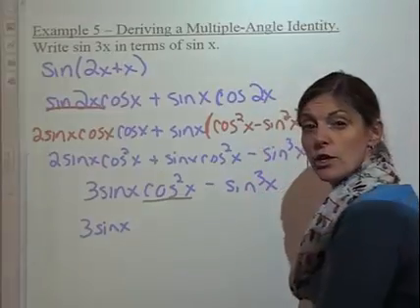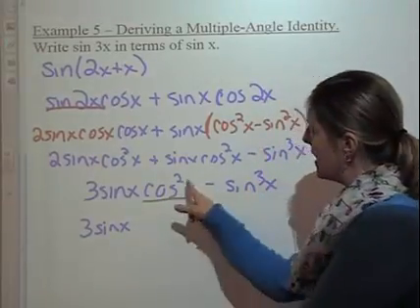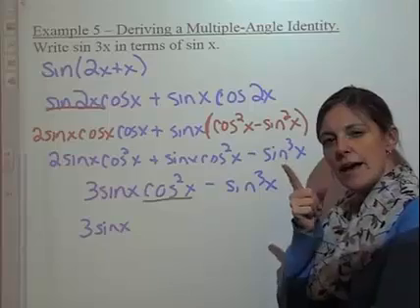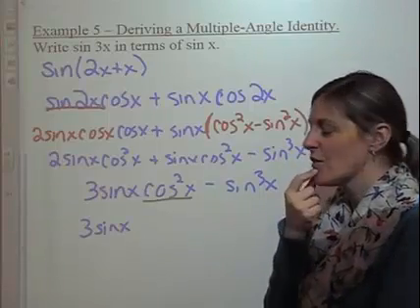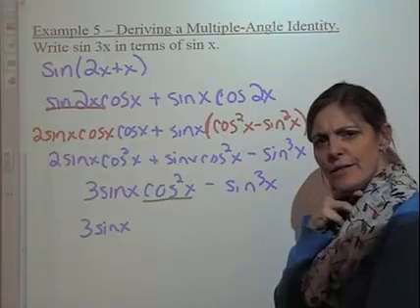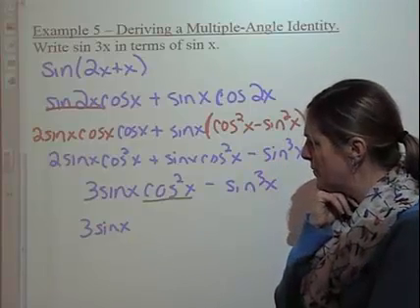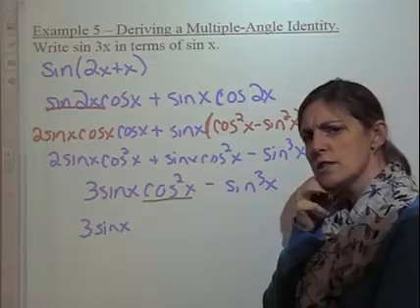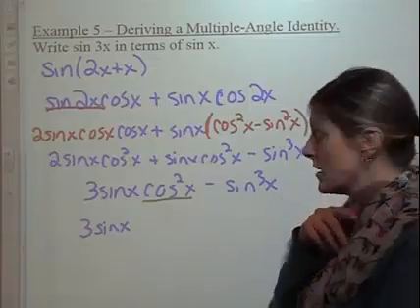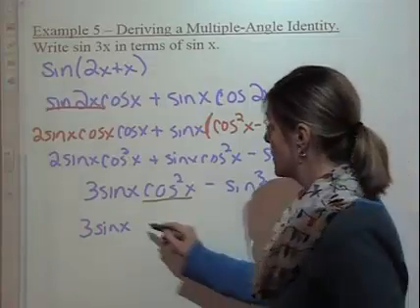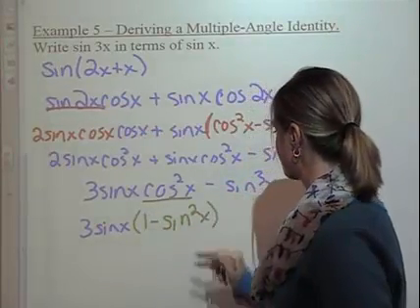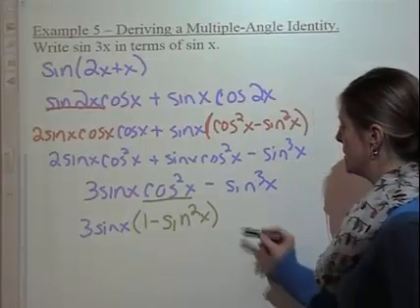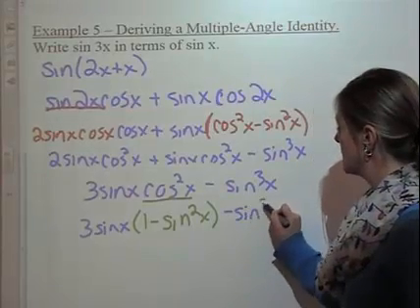Now, remember, when you're looking at identities, and you have that square there, you should automatically think of something. Pythagorean identity, right? So what does cosine squared of x equal? Well, if cosine squared x plus sine squared x equals 1, cosine squared x equals 1 minus sine squared x. And then you still have that minus sine cubed x.